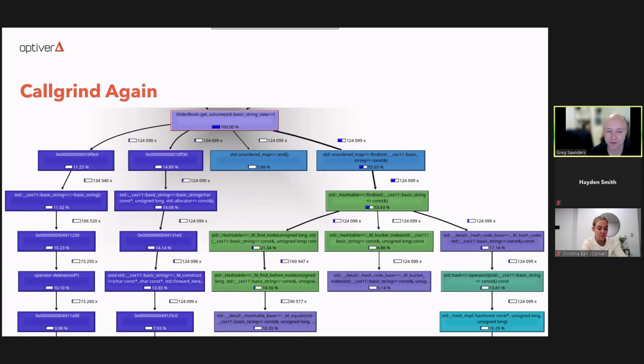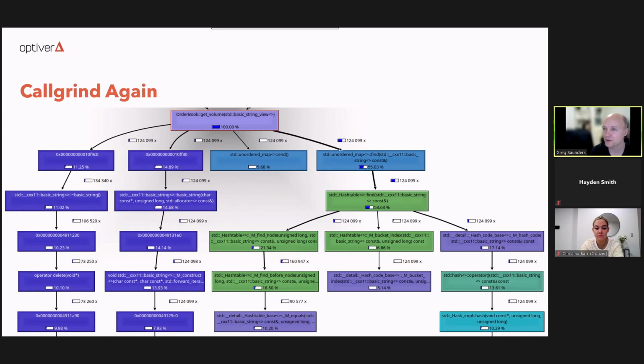So a significant amount of the time spent in the string constructor and string destructor is just doing memory management. That's all it's doing. The total time spent there is about 25%, just managing those strings.